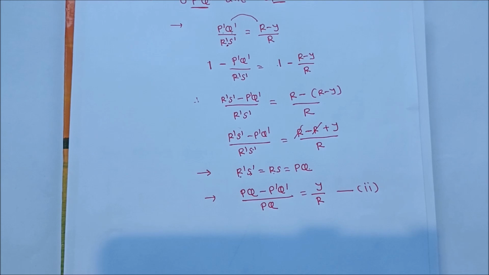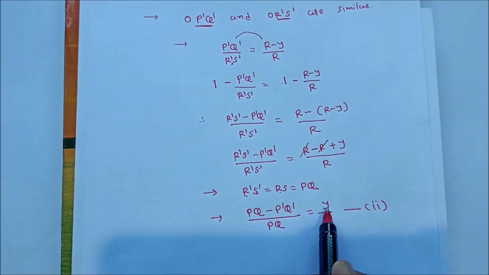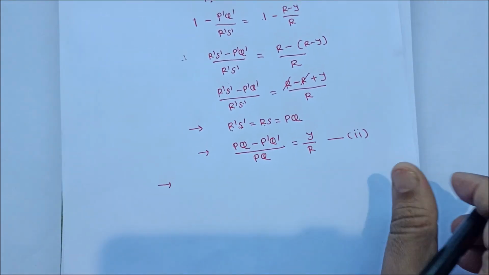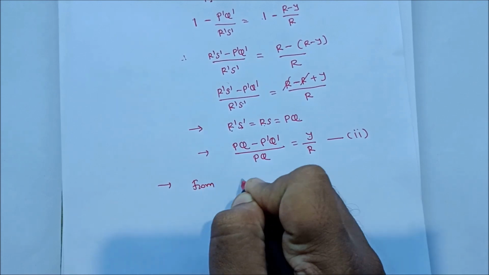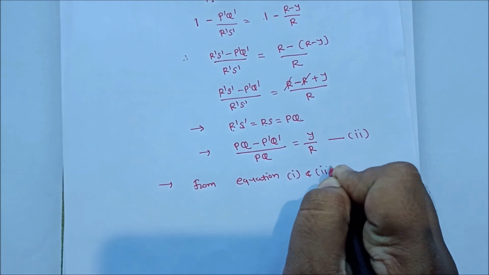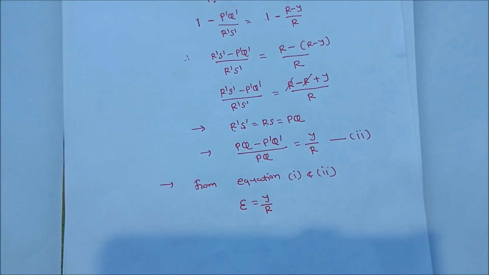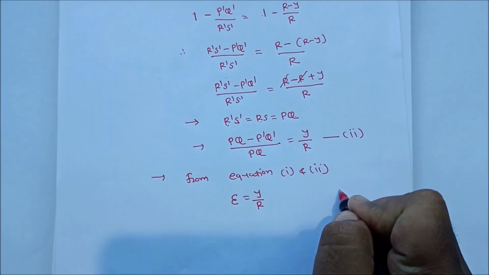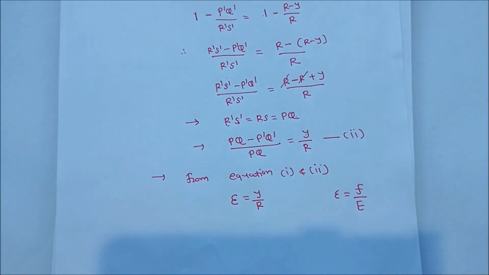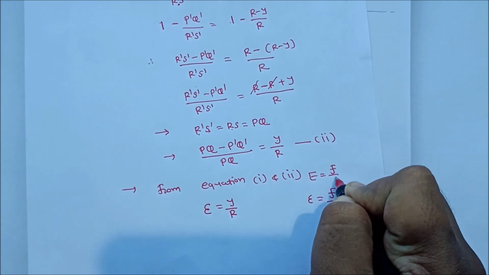So from equation number 1 and 2, it is clear that strain is equal to Y by R. So what is the value of strain? Strain is the bending stress divided by modulus of elasticity, because we already know that modulus of elasticity is the stress by strain.